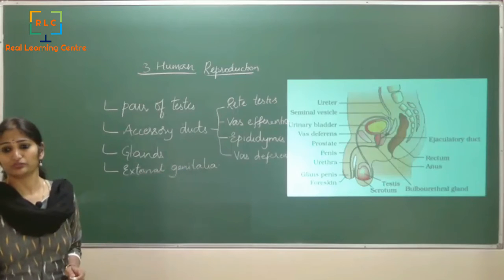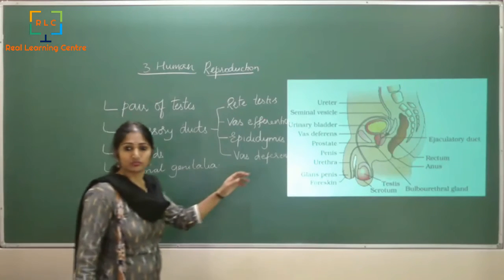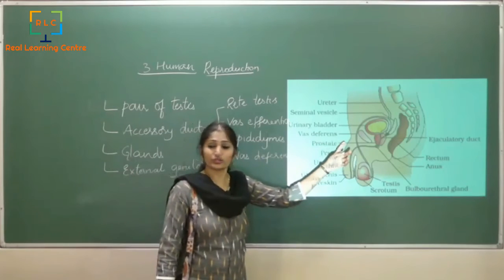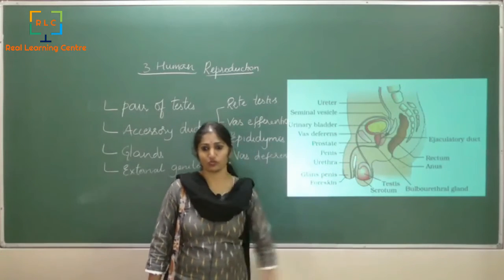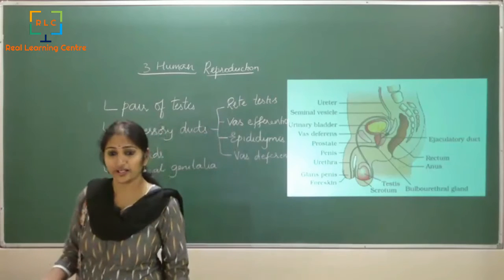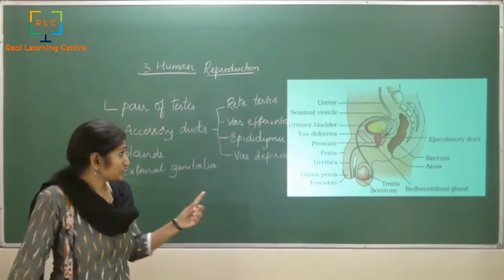the male reproductive system, right? So you see that it comes to the urinary bladder, then from the seminal vesicle it gets one duct, and it opens into the urethra as the ejaculatory duct.